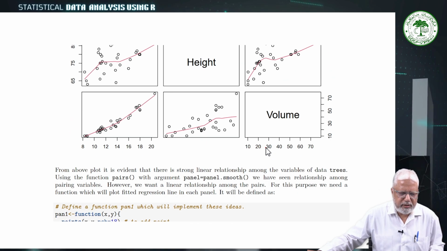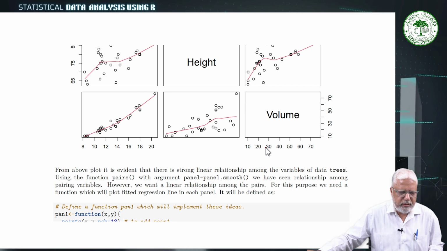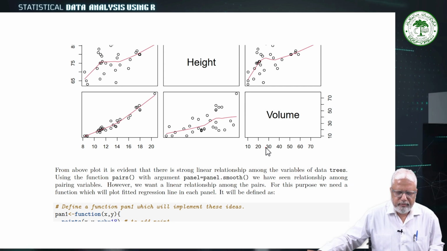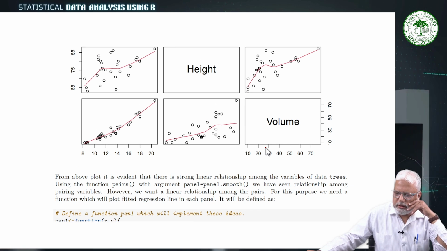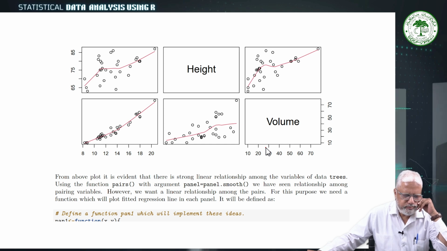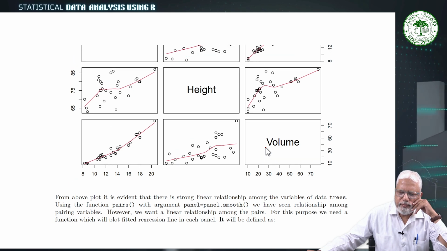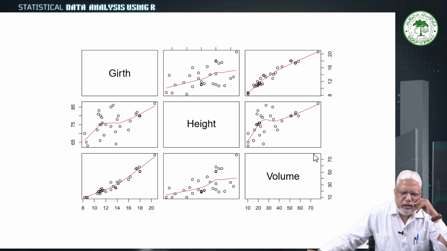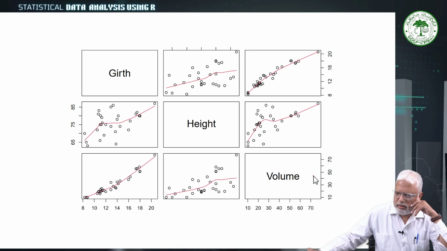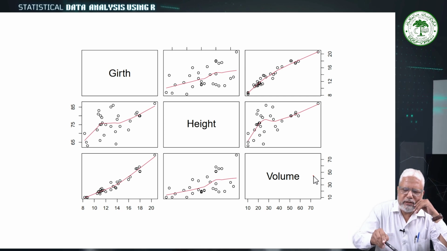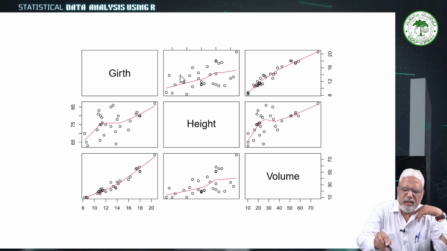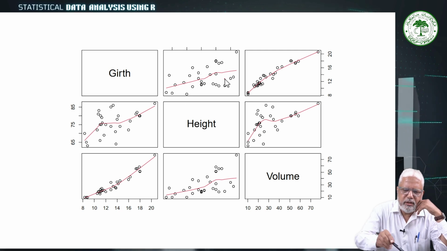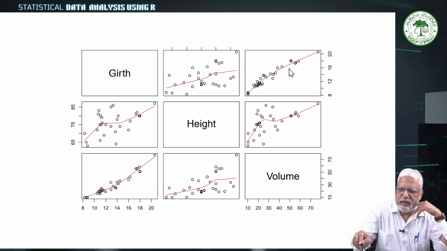See, from the above plot it is evident that there is a strong linear relationship among the variables of data trees. Why is it a linear trend? Because as you know, girth and volume, see here the points are around the line. Girth and volume, there is a strong linear relationship because points are around the line.